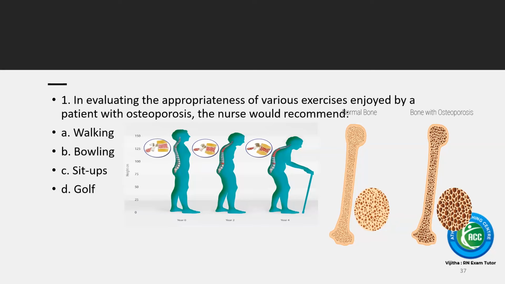Thinning of the bone. Exactly. So look at the picture. The first picture is the normal structure of the bone, but the second picture is bone with osteoporosis. So what happened? A number of holes are formed within the bone. Osteo, bone. Porosis, pores. Holes in the bone. Okay.